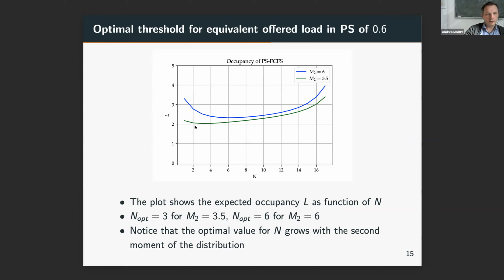As you may see, here you have the expected queue length on the y-axis, and the maximum number of parallel jobs that you put in service on the x-axis, and you may find an optimal value for the parallelism level. And the interesting thing is that, of course, if you have a higher variance of the service time, you expect a higher optimal value for n, because you need a higher level of parallelism to serve the jobs.